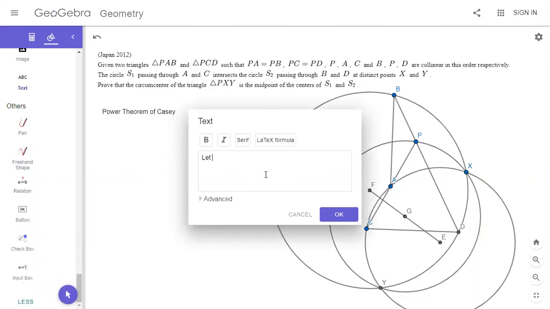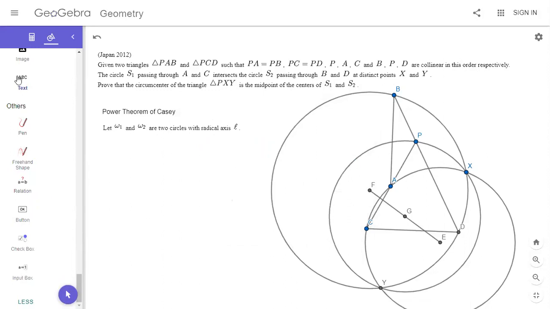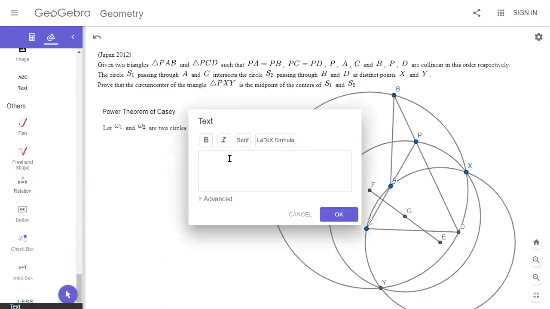So if omega 1 and omega 2 are two circles, and let L be the radical axis, and then let O1 and O2 be the centers of omega 1 and omega 2.